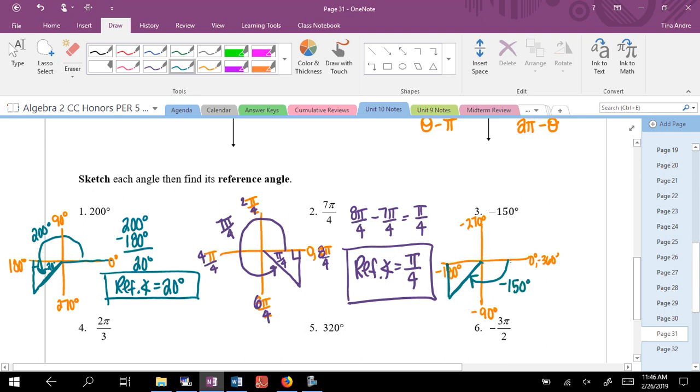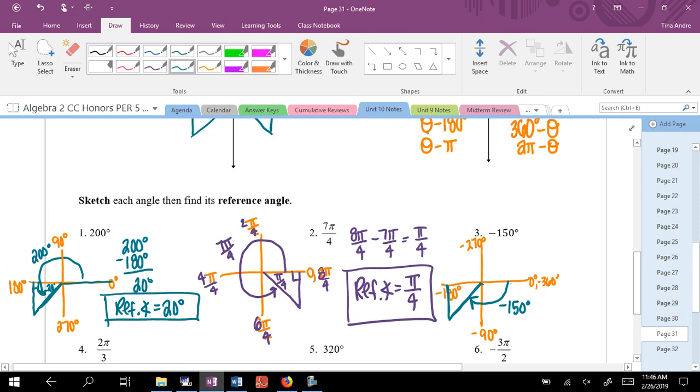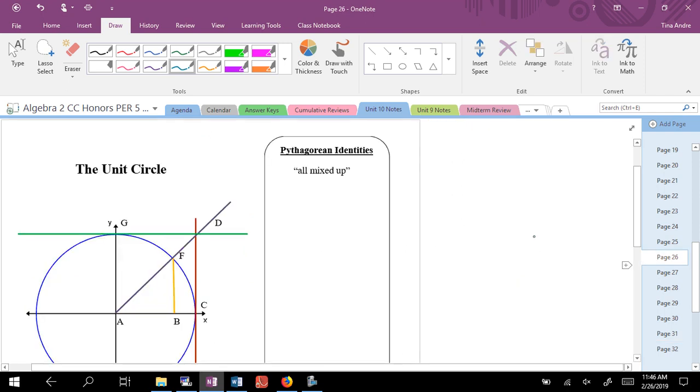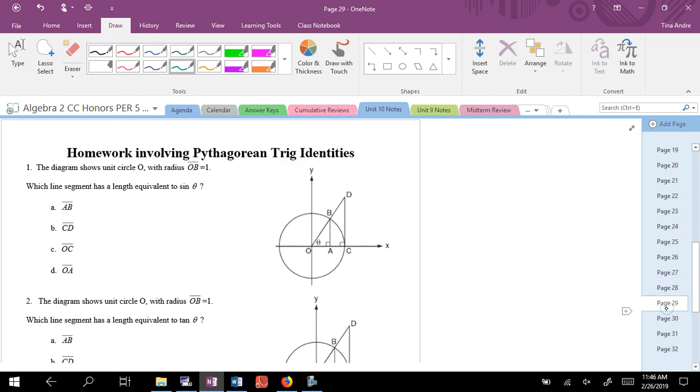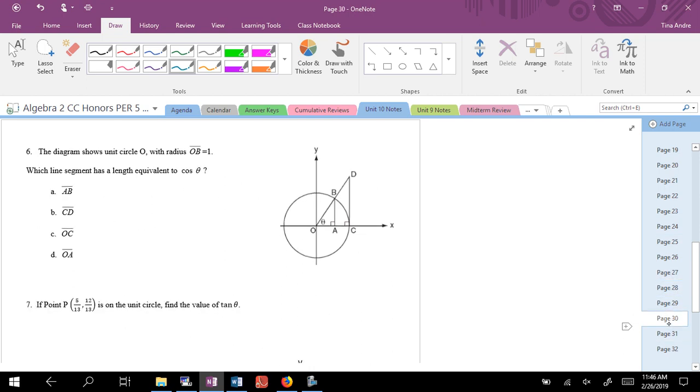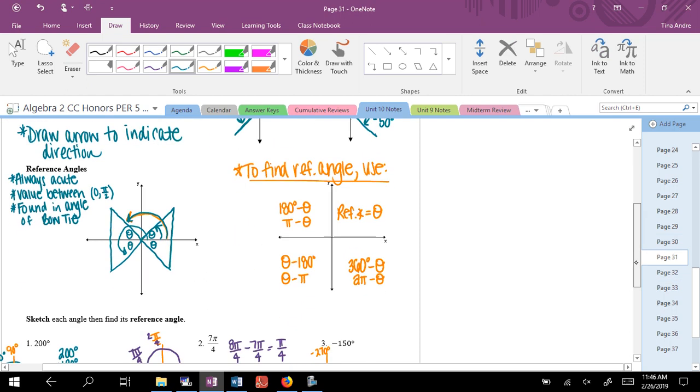So I want to know what's this reference angle. In this situation, if you're following these rules up here, this would be saying negative 150 minus 180. Oops, I lost which page we're on. There we go.